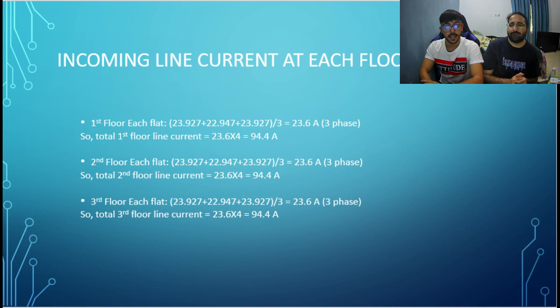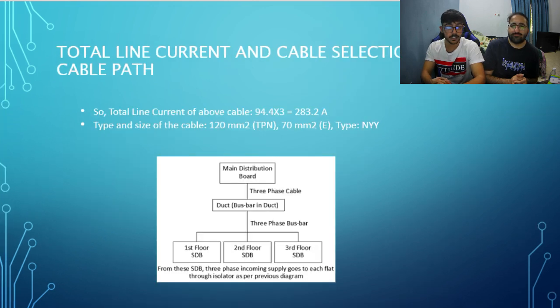And after that we have the total line current and cable selection with cable path. So the total line current for the above cable, 94.4 times 3 equals 283.2 ampere. Type and size of the cable is 120 millimeters squared TPN and a 70 millimeters squared E. The type is the NYY.